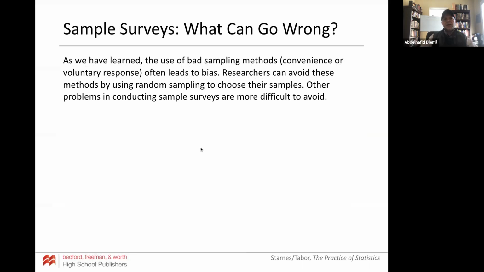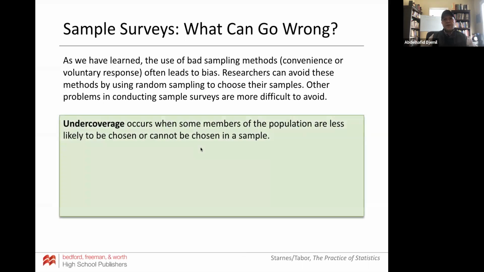And something may go wrong, mainly when it is the convenience or the voluntary response. However, there is also the undercoverage. The undercoverage is when you cannot have enough people to cover certain areas. For example, you don't have enough people in the 12th grade, or in one of the classes, to cover everything. So that is undercoverage.